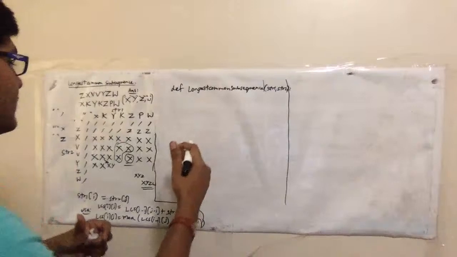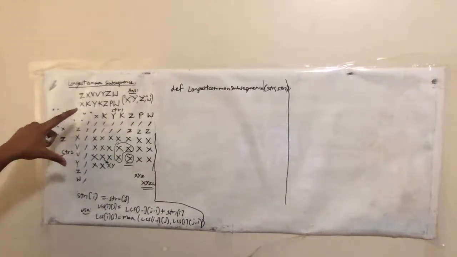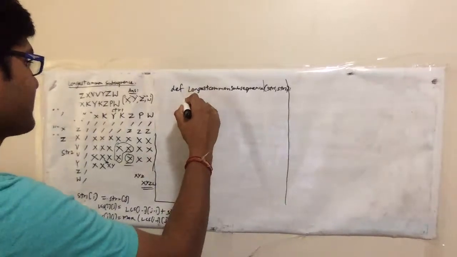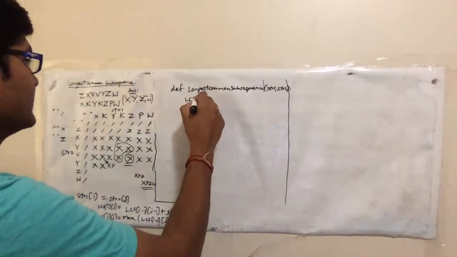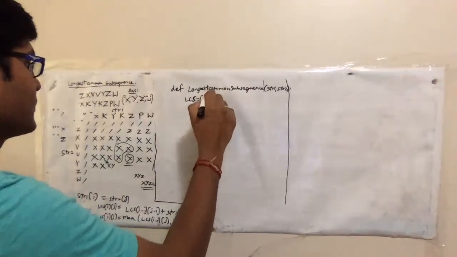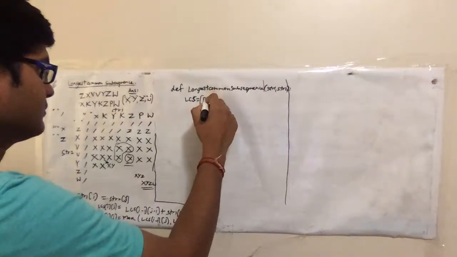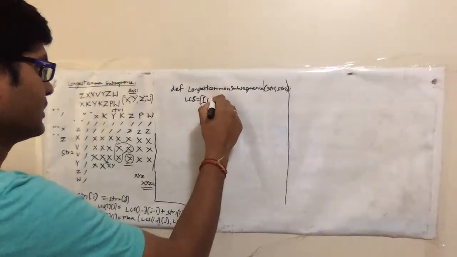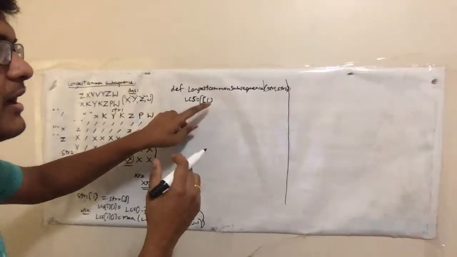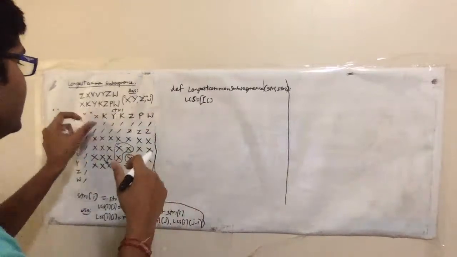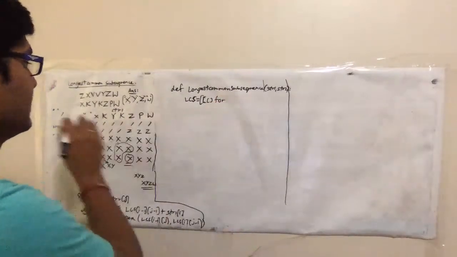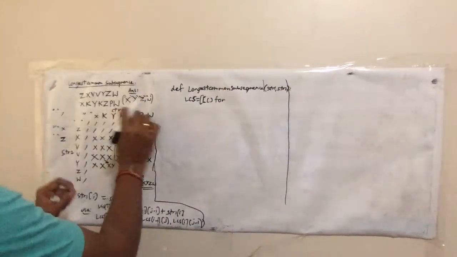So what we're doing is initializing the 2D array. I will take an LCS array, starting like this. Put an empty list in each box, for the length of string 1.